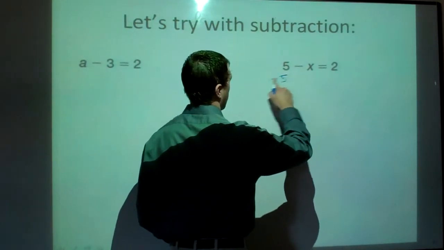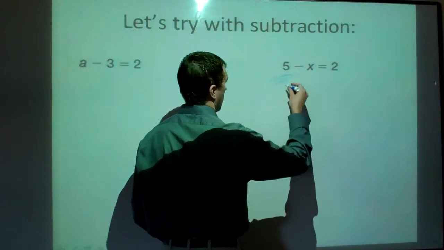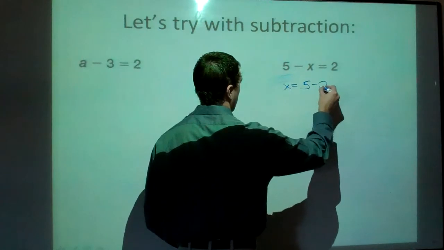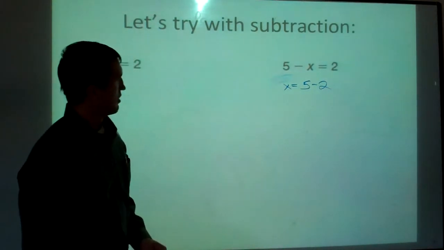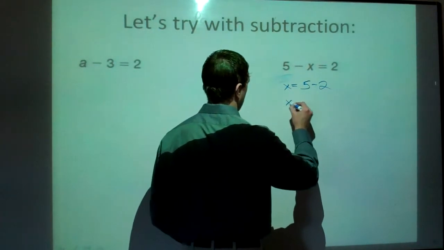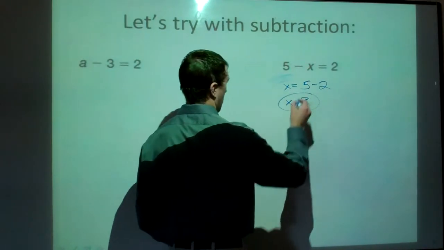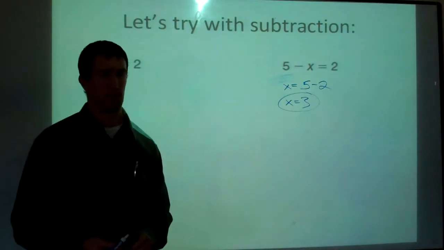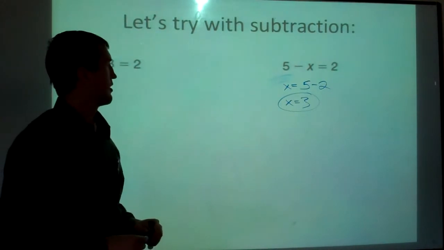Or nope, not minus 5. X should be 5 minus 2. So X equals 2. And 5 minus 3 should give us 2, and we know that it does.